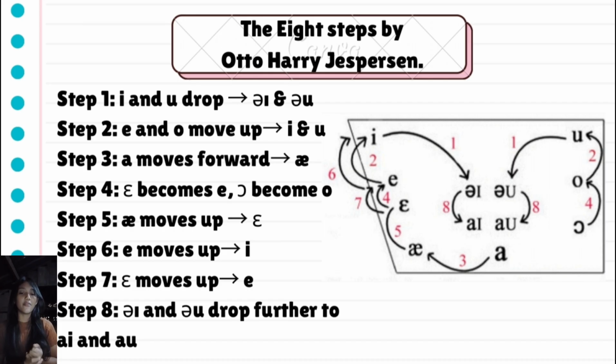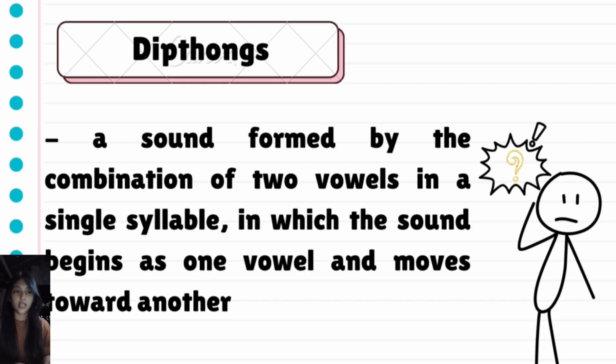So there are some vowels during the Great Vowel Shift that turned into diphthongs. When we say diphthong, it is a sound made by combining vowel sounds in one syllable. Like the AI in rain.